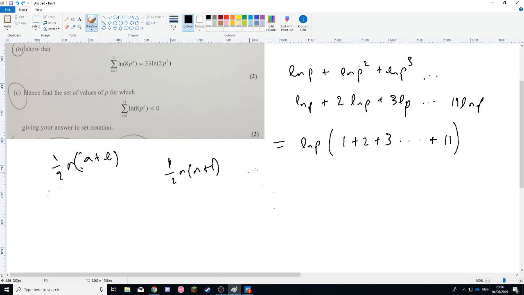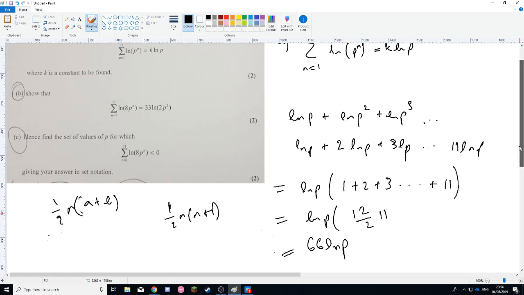So this gives you first plus the last term, so 12 over 2 times the number of terms 11. So that's 6 times 11, which is 66. 66 ln p. Took quite some time to do the first question, but that's just because I'm trying to explain everything.